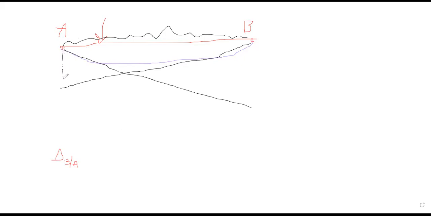This is delta A with respect to B, and this is delta B with respect to A. That means the vertical intercept at B with respect to the tangent at A, and this is the vertical intercept at A with respect to the tangent at B. Sorry about that.